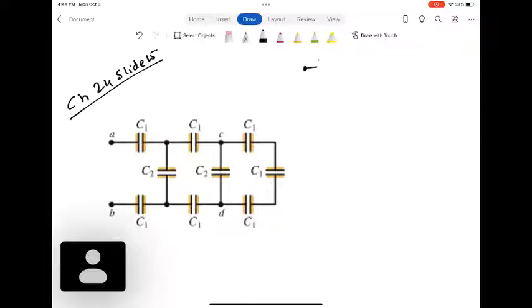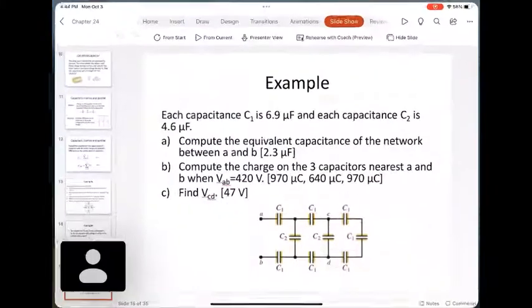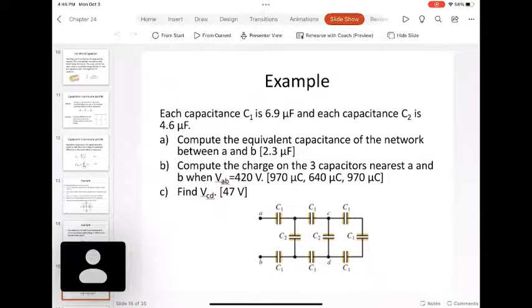All right, so C1, C2, C1, and then C1, C2, C1 again. And then what we've done is we've combined the last three capacitors into one C equivalent there. All right. Now we know what the C1s are and what the C2s are.